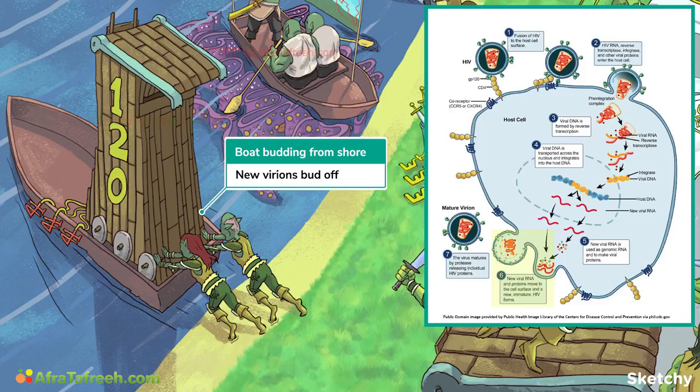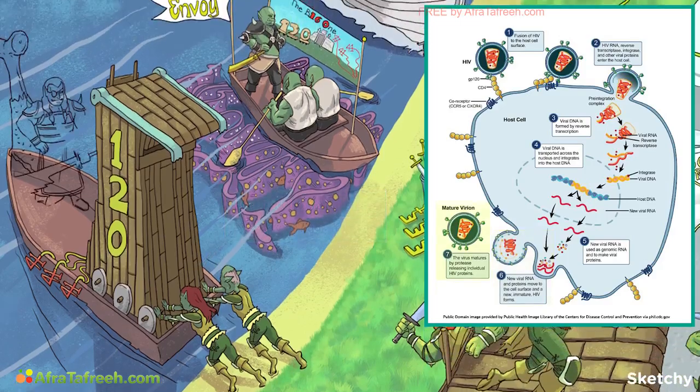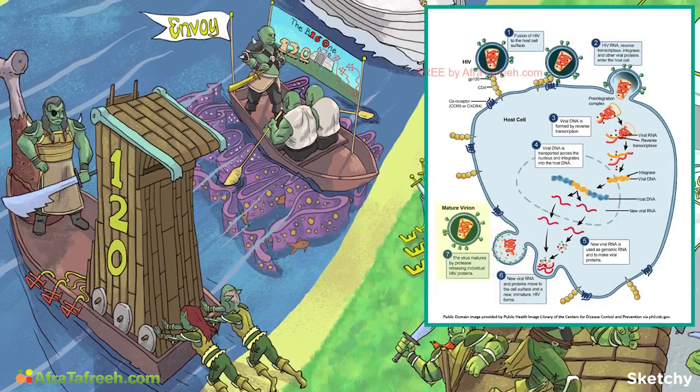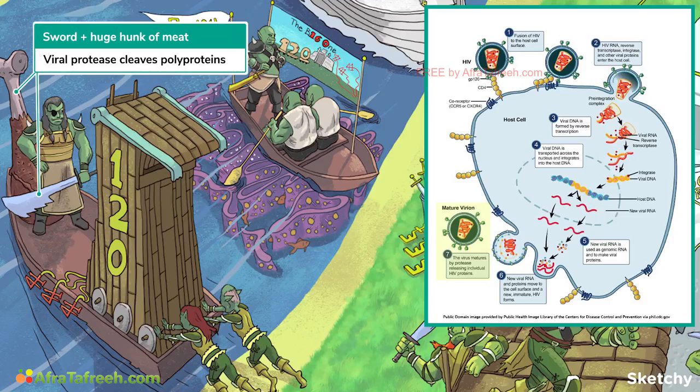So these polyproteins, along with other HIV components, make their way to the cell membrane. The immature virus then buds off the host cell membrane, forming the viral envelope from the host lipid bilayer along with GP120 and GP41. So now we're done, right? Nope! Remember, the POL and GAG gene products are still in their precursor polyprotein form.